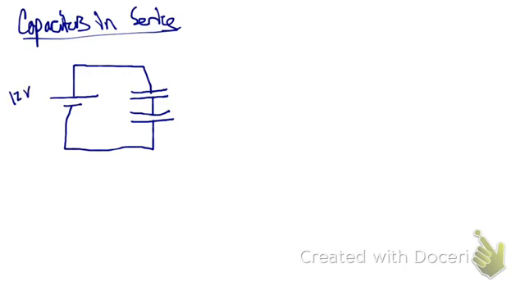Now this 12-volt battery, because this is a circuit, is going to pull charge in that direction. It's going to drag it around, and it's going to put positive charges down here on the top of this one.